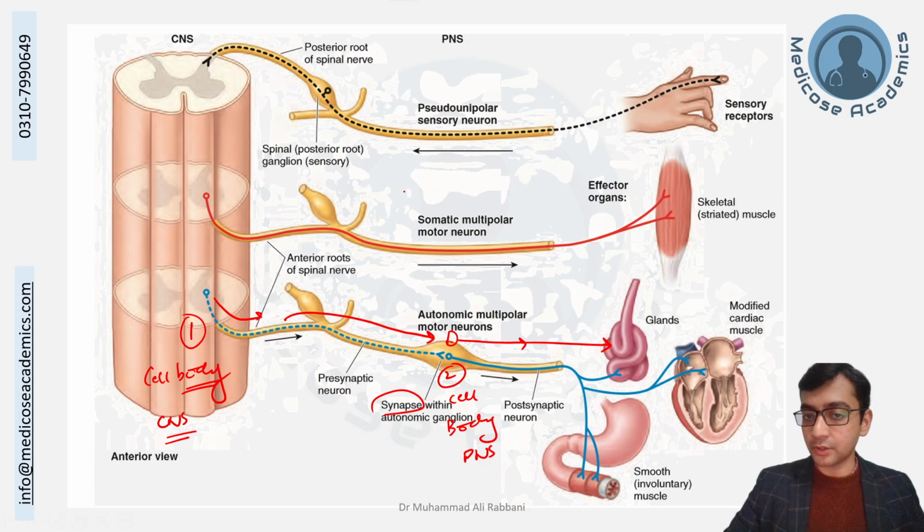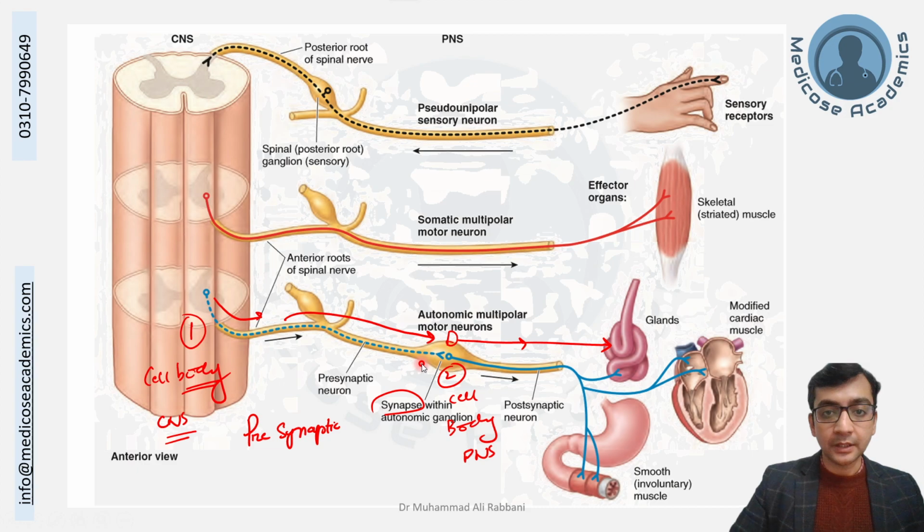So the first neuron is called, can you guess it? Its name is written in the labeling also. It is called presynaptic. It is written above also. And because the cell bodies are present here in the form of ganglions, they have an alternate name of preganglionic.